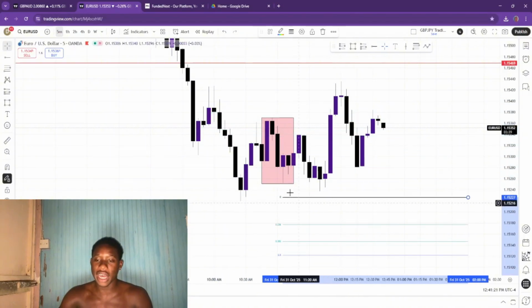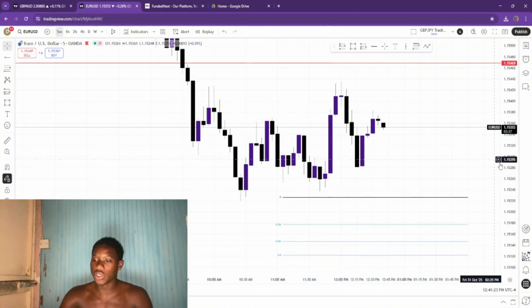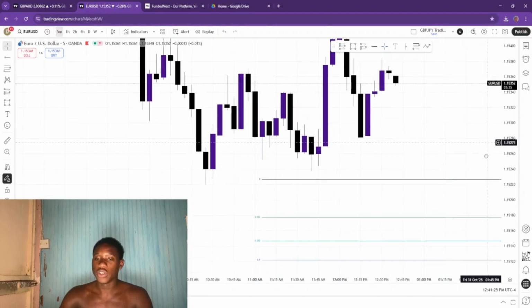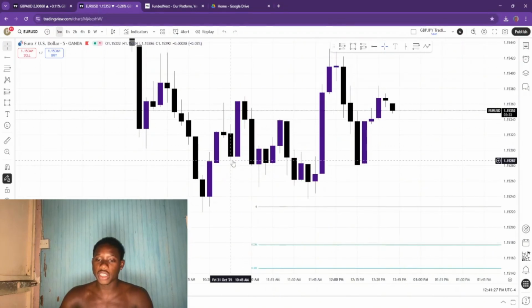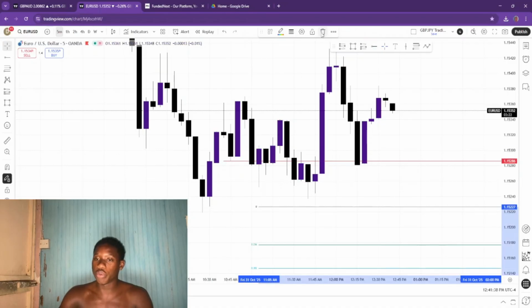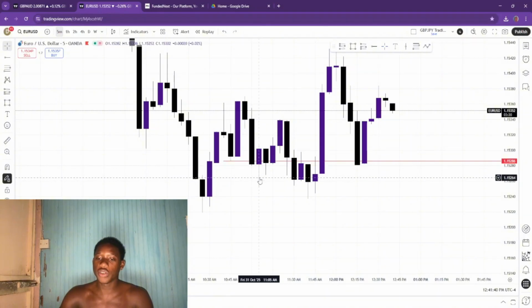However, after that happened, there was another trade opportunity. Let's break it down. As you can see, price went up, then price broke that low. Price broke that low right there with that candle, broke structure, and then it creates a new low.